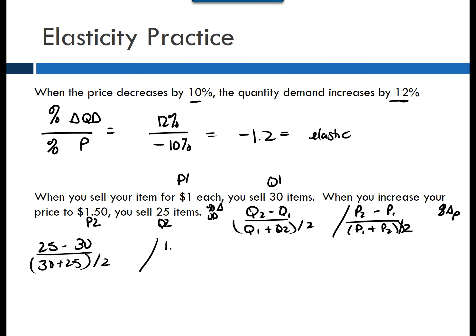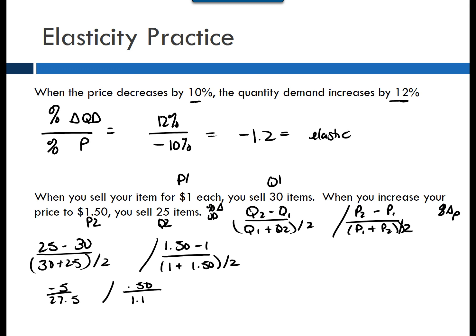The price went up to $1.50 from $1, over the midpoint, 1 plus 1.5 divided by 2. So my quantity went down by 5 over the midpoint, which is 27.5, and I'll put that over, my price went up by 50 cents, and the midpoint is $1.25.